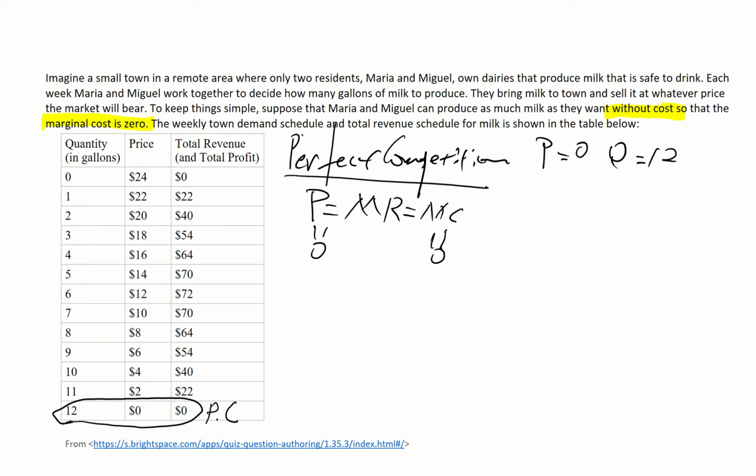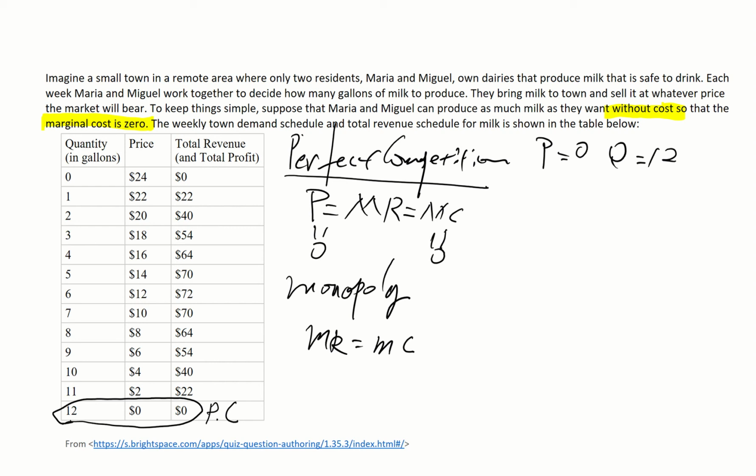And then the other question they might be asking is, what is the monopoly outcome? For the monopoly outcome, they're going to set marginal cost equal to marginal revenue, where your total profit is maximized, and that quantity is what we're looking for.